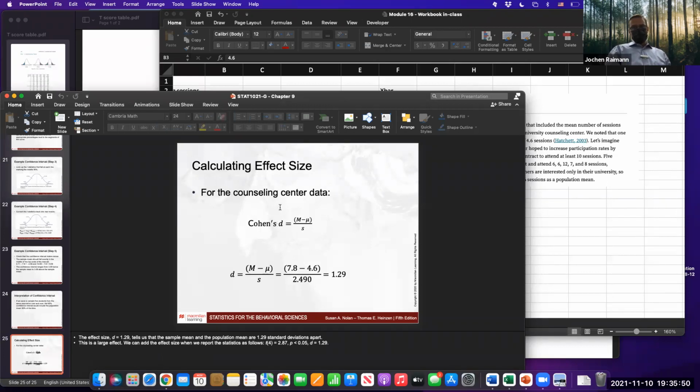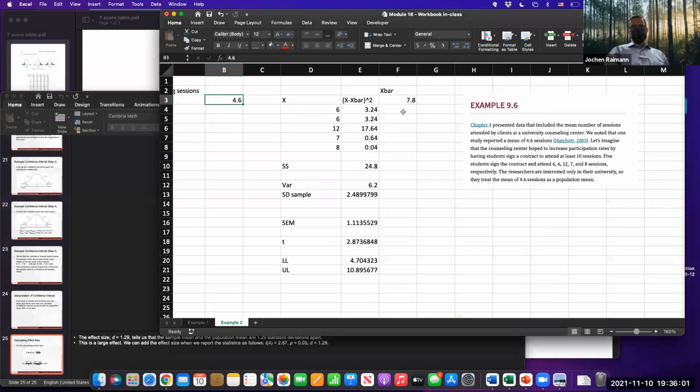Equally, you can calculate Cohen's d for the effect size. Again, your sample size is calculated in the same fashion as you have done it before with the minus 1. So this is the same thing, but you do not divide the difference by the standard error of the mean.